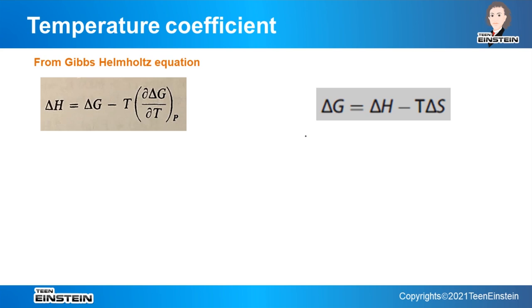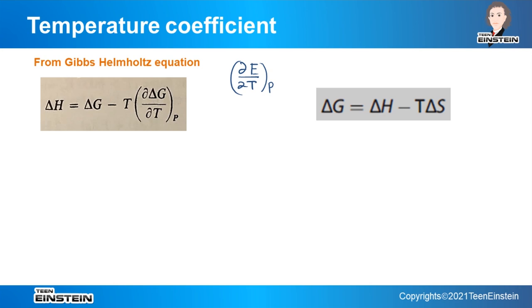We will compare these two equations and find out the temperature coefficient. Basically, temperature coefficient is del E by del T at constant pressure. That means the change in electrode potential with change in temperature, that is, the effect of increasing temperature on the value of electrode potential.